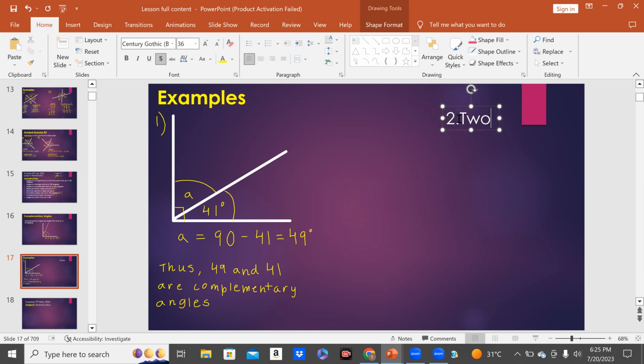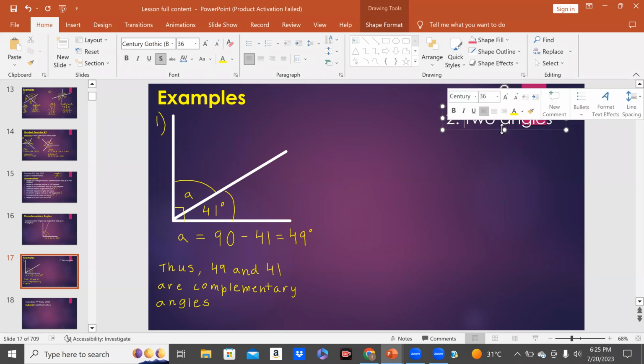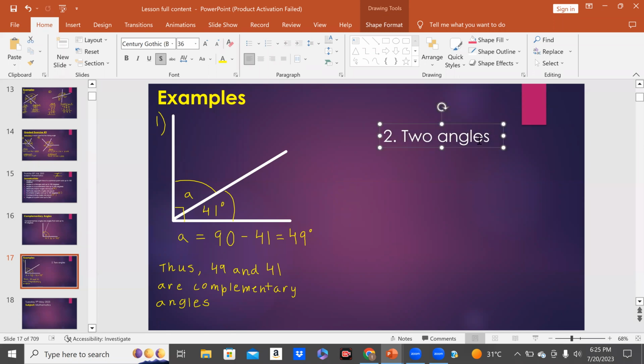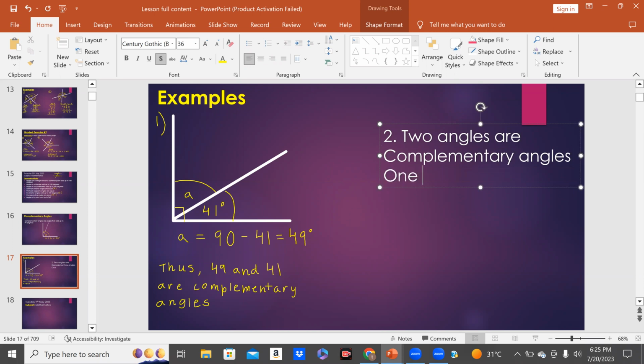Number two, two angles are complementary angles. One of the angles measures 31 degrees.